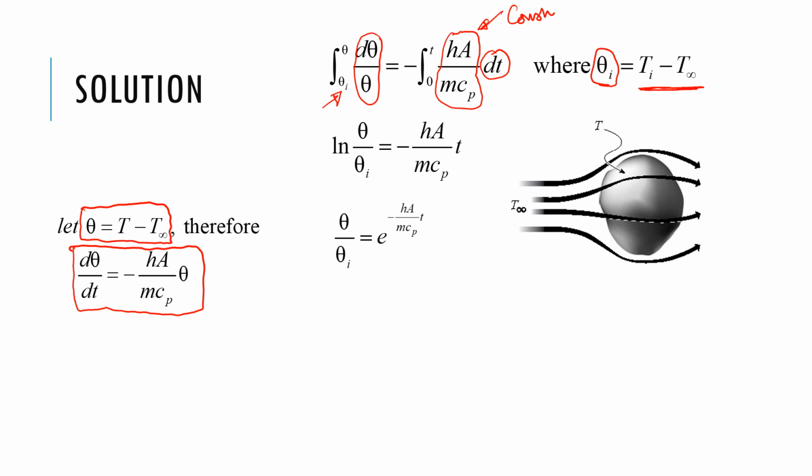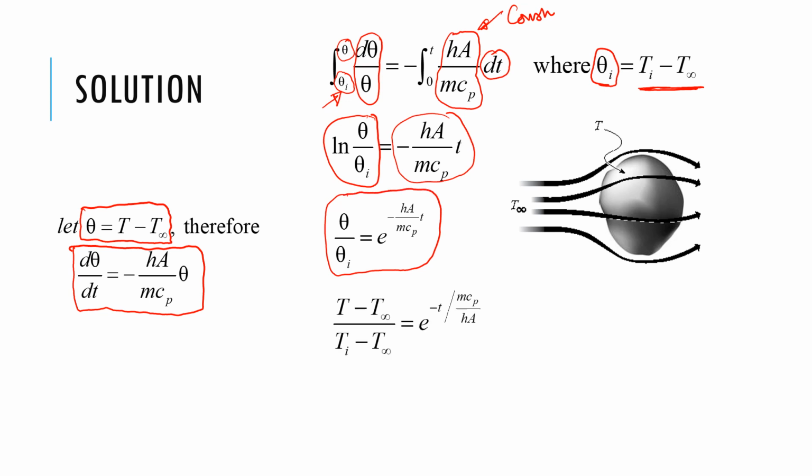So if we go through the solution, first if we integrate, then we get natural log of theta with these two limits, theta i and theta. We get natural log of theta over theta i is equal to the right hand side, which means we can write theta over theta i as e raised to minus hA over mcp times t, and we can rewrite that slightly, and we'll see why.